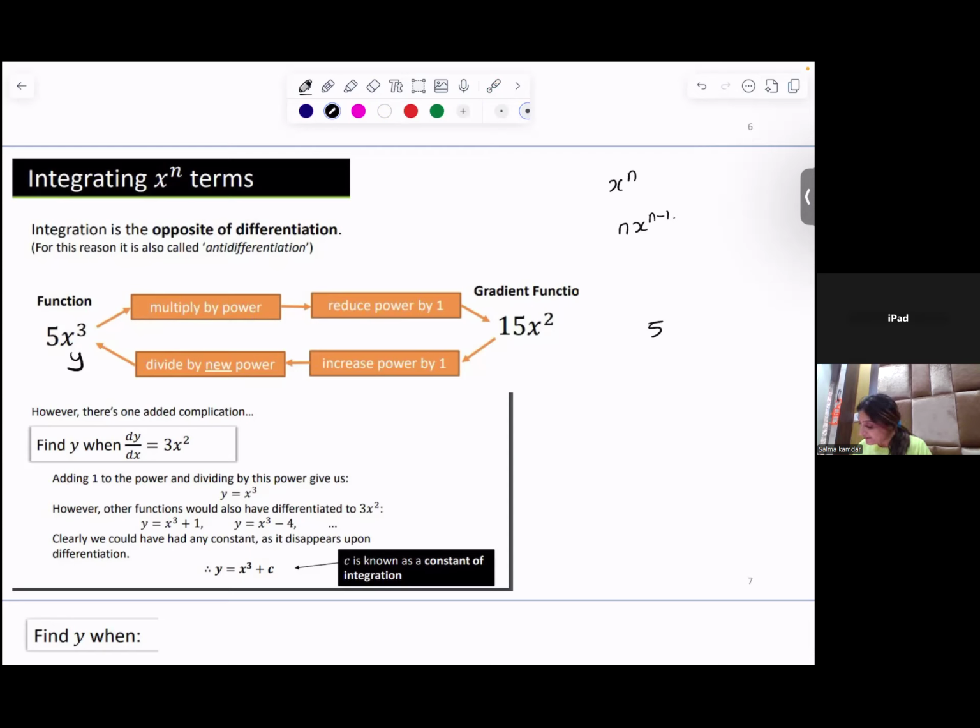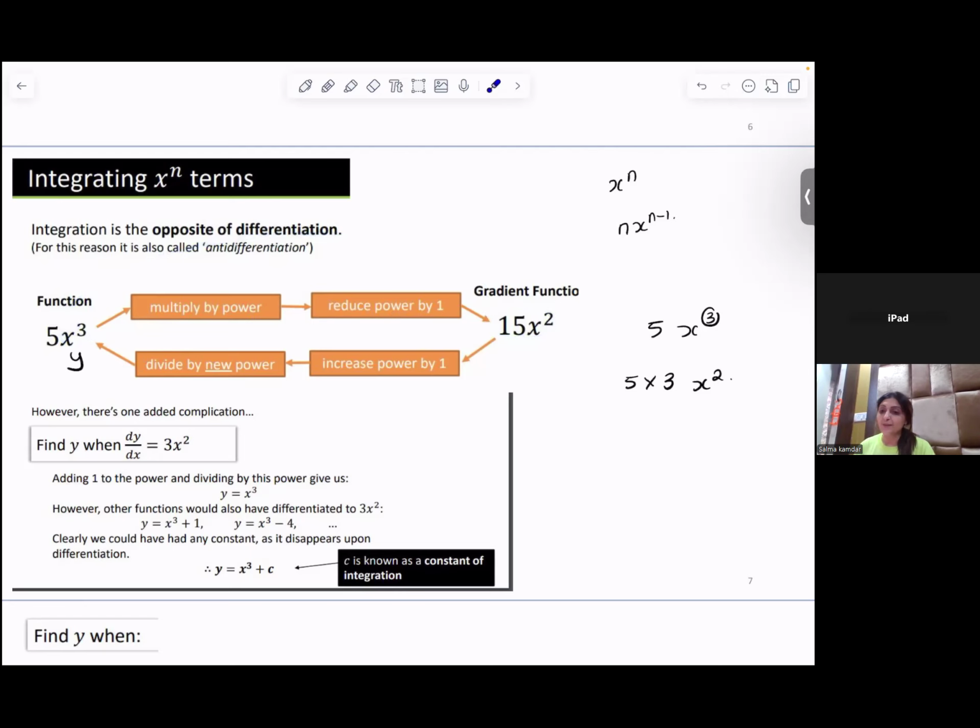So if it's 5x cubed, the power is 3. I multiply with the power and reduce the power by 1. So it becomes 15x squared. So this is the derivative: you multiply by the power and reduce the power by 1.